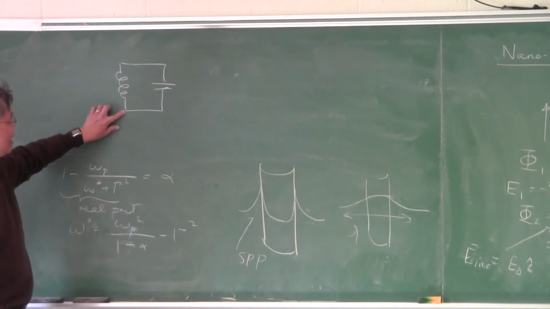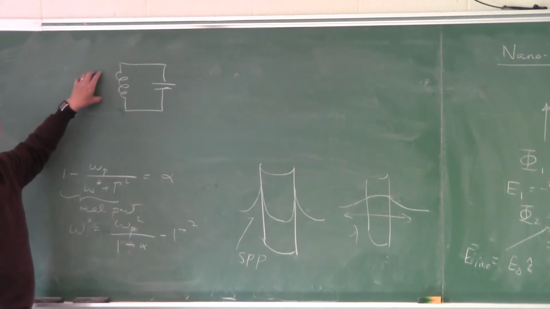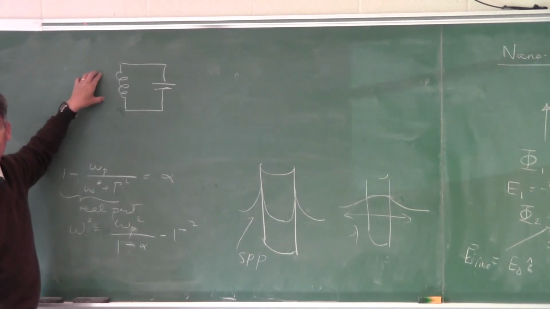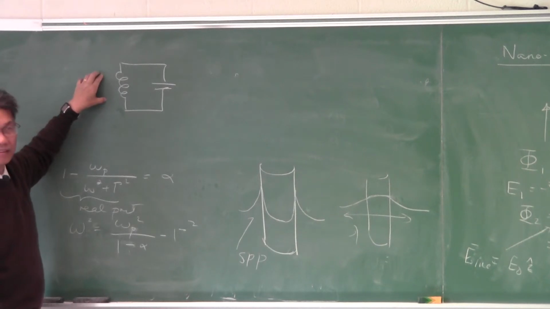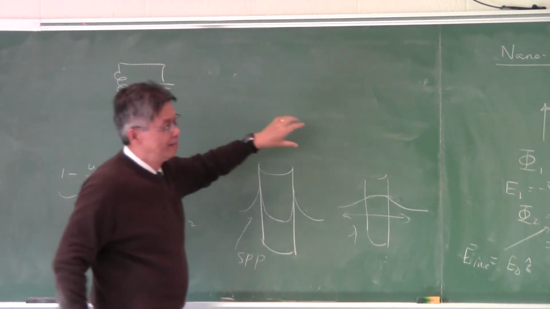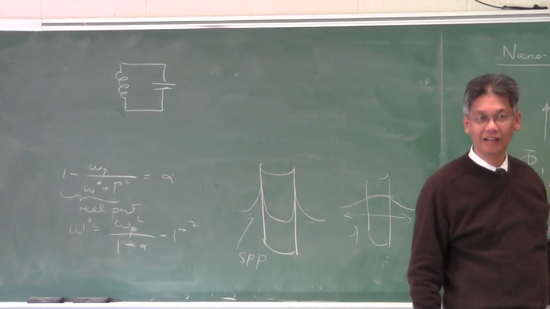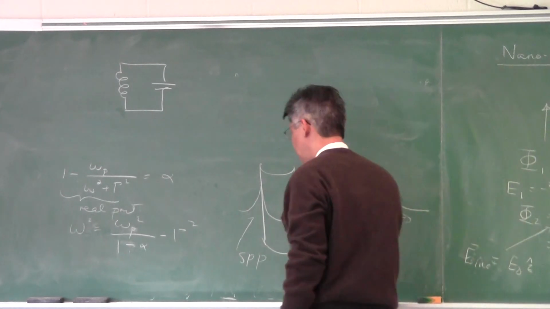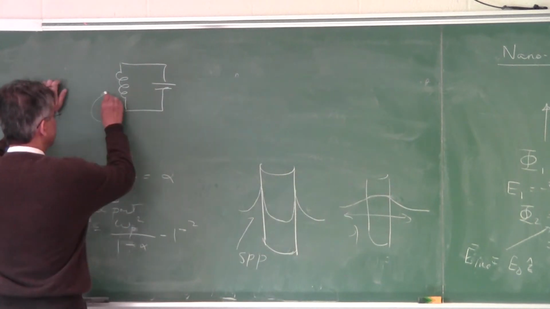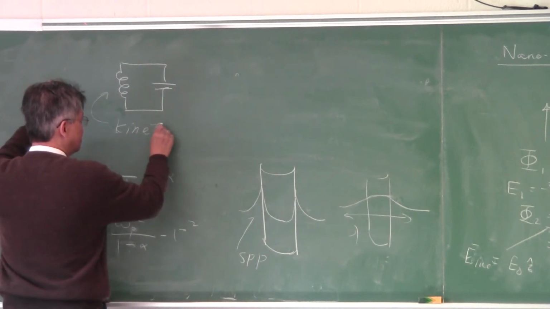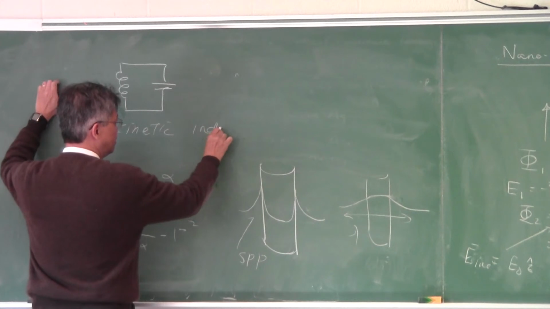An inductor has that reluctance too. When you try to force current through an inductor, it refuses to let current go through. So that inductor is very similar to those electrons in there. You can think of this as a kinetic inductor.